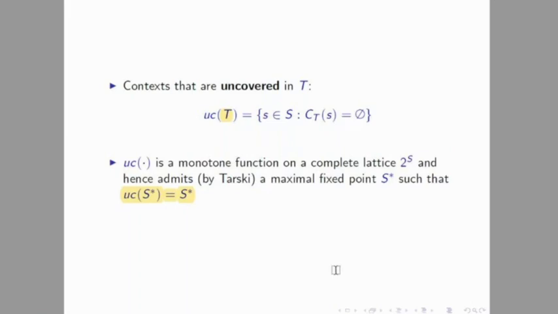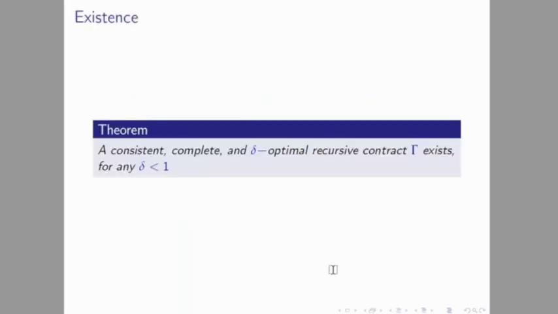Now, the next result is based on that fixed point. A consistent, complete, and delta optimal recursive contract exists for any delta. So this is the existence result.